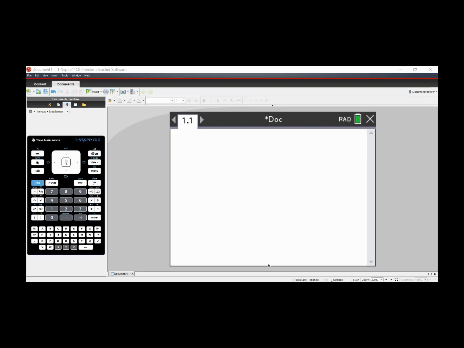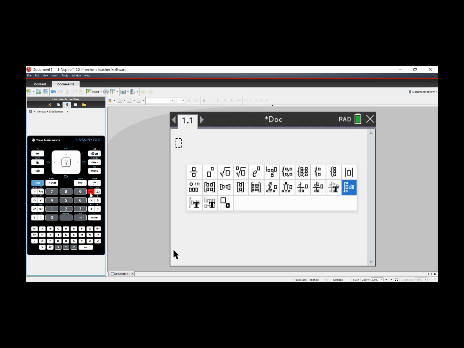So here we are on a calculator page, and we want to evaluate the limit as n heads to infinity. Now notice we can't take a limit on our calculators. That only works on the CAS calculators, so we don't have that ability. So what we need to do is let n be a very large number in our summation.